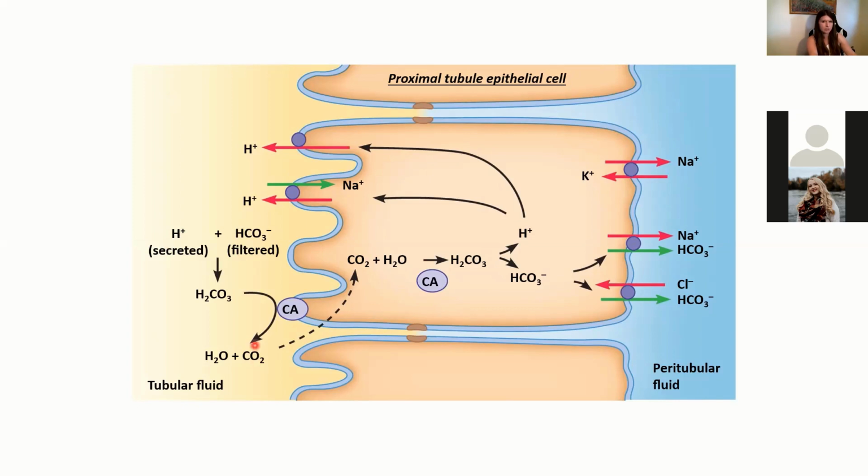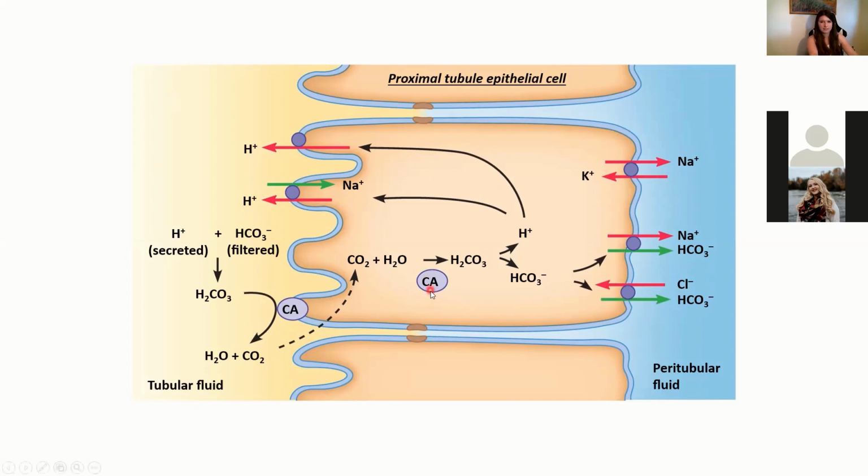So the CO2 moves into our proximal tubule, into the epithelial cell, and this CO2 encounters more water that was in our cytoplasm. So we take that CO2, we grab some water, we have more carbonic anhydrase floating around in the cytoplasm of these proximal tubule epithelial cells. So we can, again, run this conversion, but in the reverse.